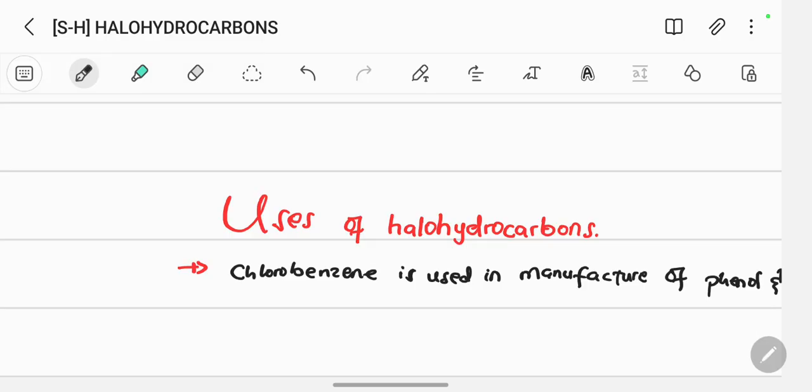Then hydrofluorocarbons are used in air conditioners and refrigerators. Then tetrafluoroethane is used to make Teflon, an important polymer. Fluorochloro derivatives of methane and ethane are used as aerosol propellants in dispensers to kill flies, and sometimes they are used as shaving creams.